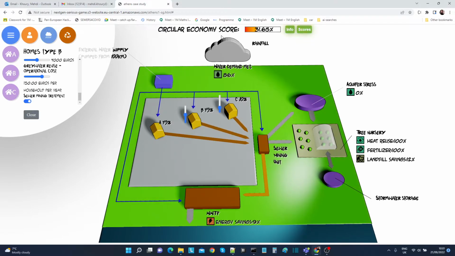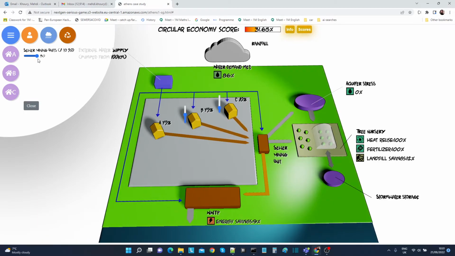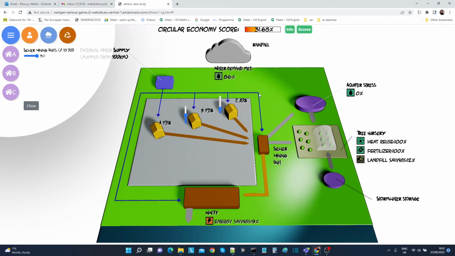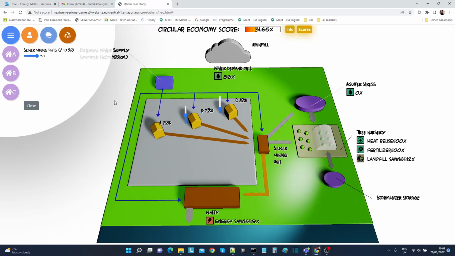So that's quite significant. Note that we use 50 units, and that's basically the maximum you can treat and use for something of the size of 7,000 households. Now, what else can we do to improve our circular economy score?